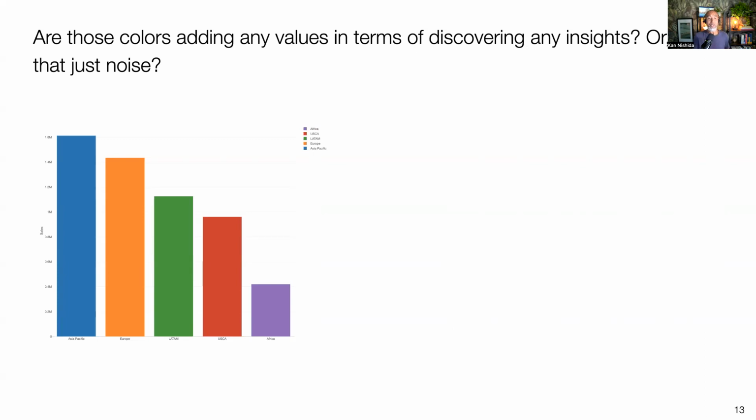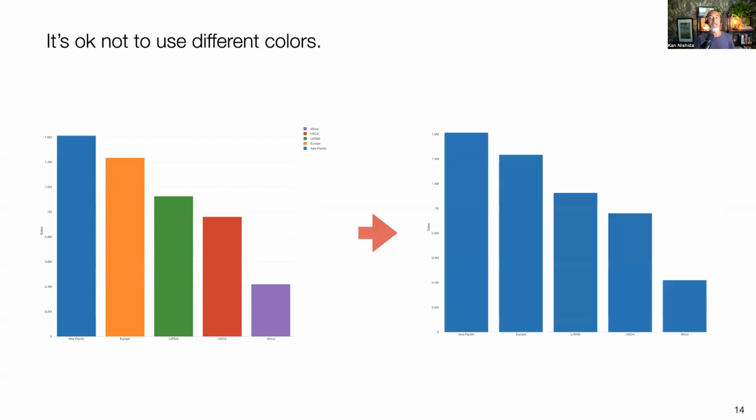On the x-axis we have 5 bars, and for the color we have 5 colors. Both of them are conveying the same information, so we don't really need it. The right side, with one single blue color, is basically doing the same job. And if anything, because it's simpler, it's better to convey the message you want.